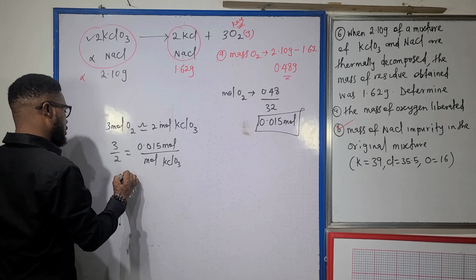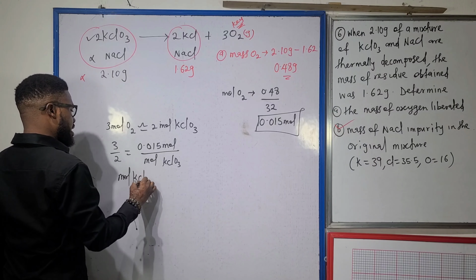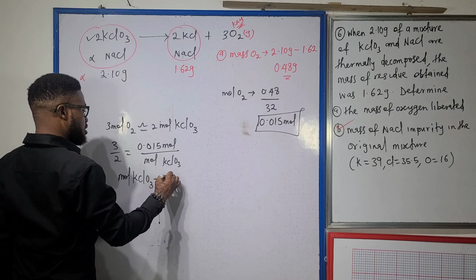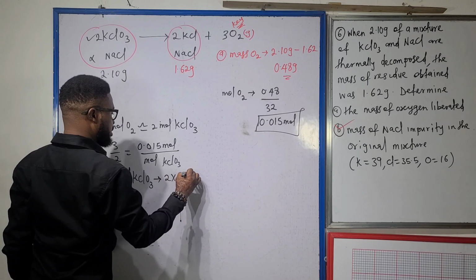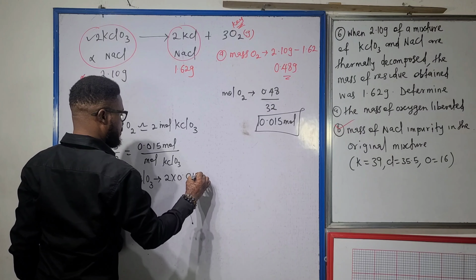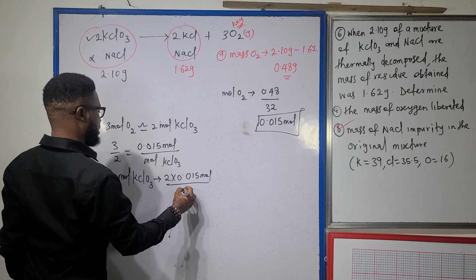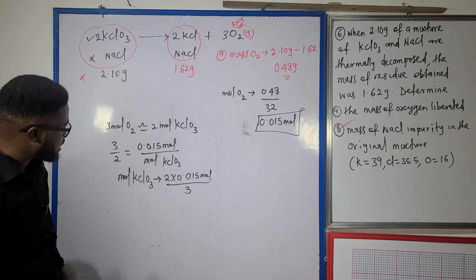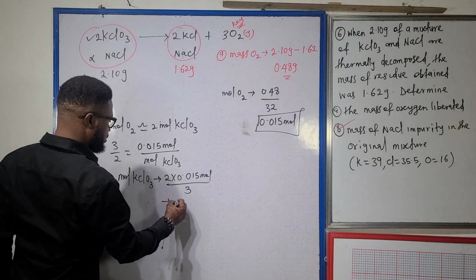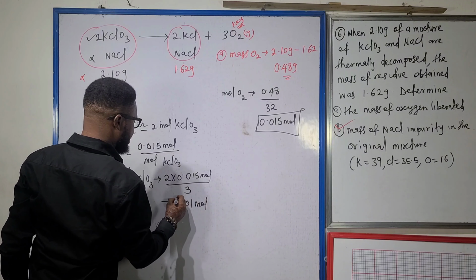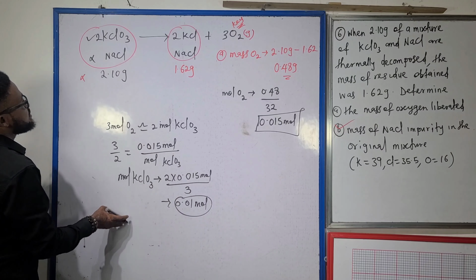So that mole of KClO3 is going to give me 2 times 0.015 mole divided by 3. That is going to give me 0.01 mole. That is the mole of my KClO3.